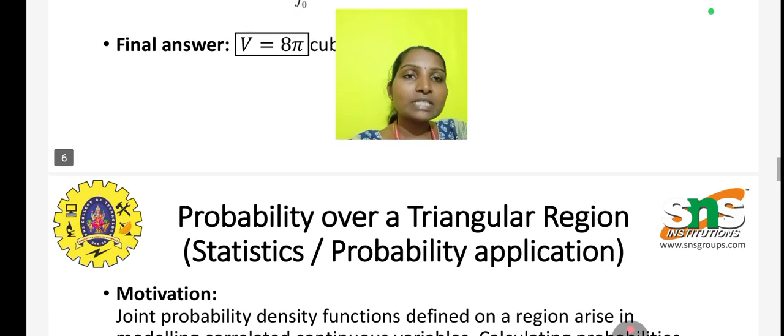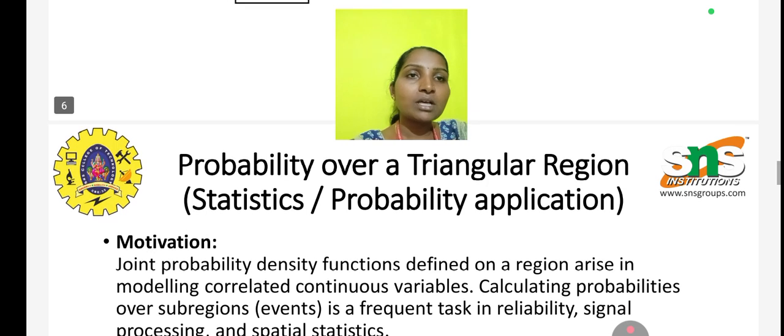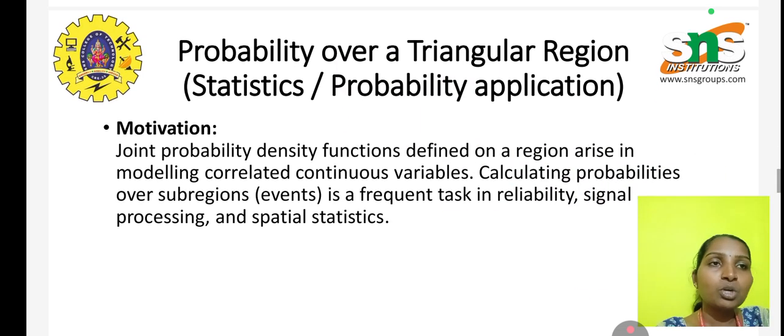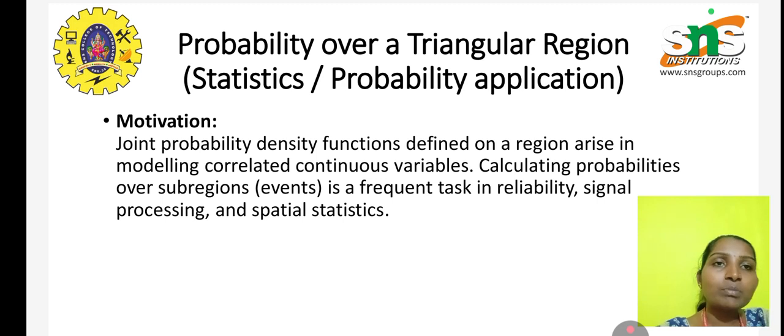Now moving on to the second problem. The second problem is probability over a triangular region, which is considered a statistics or probability application. The motivation behind this is that joint probability density functions defined on a region arise in modeling correlated continuous variables, which means this arises when we are correlating two continuous variables.